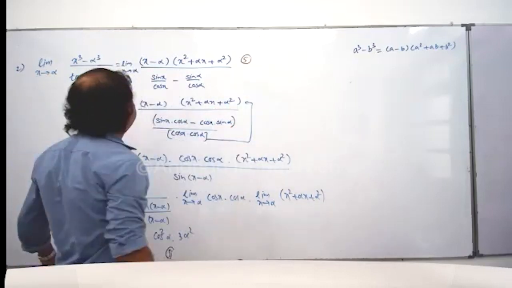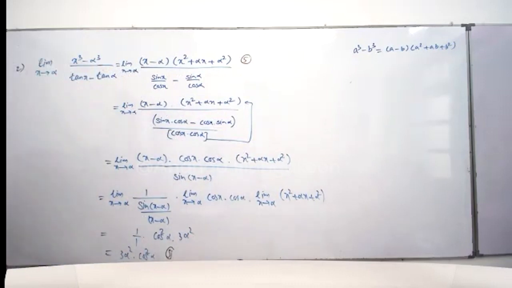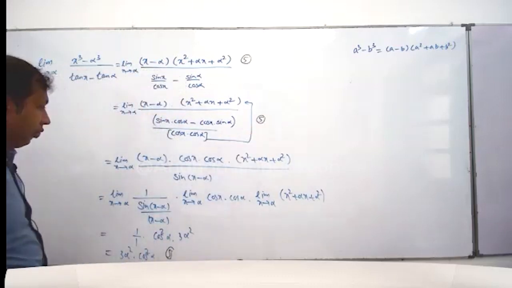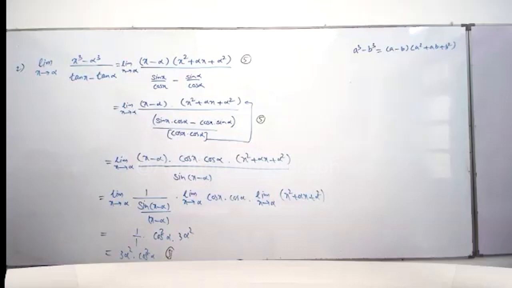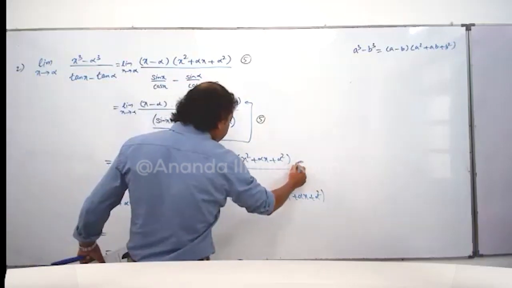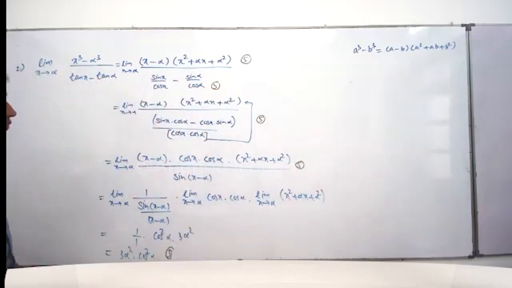Next one, and writing this one, 5 marks. And this one given 5 marks. And the last 5 marks given for this one. 5 times 5, 25 coming like that.